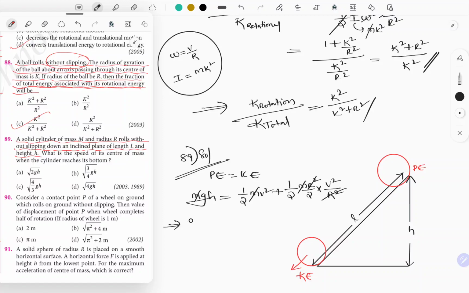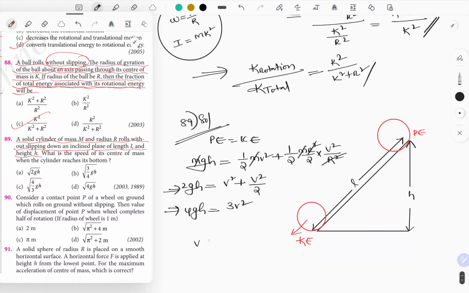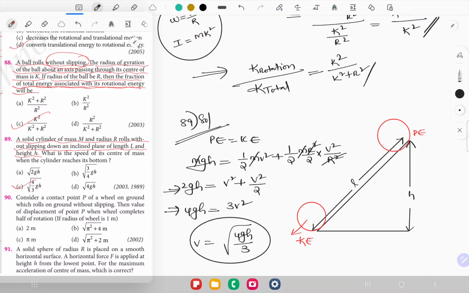So sending 1 by 2 across, 2gh is equal to v square plus v square by 2. Then 4gh is equal to 3v square. So v is equal to root of 4gh by 3. Option C is correct.